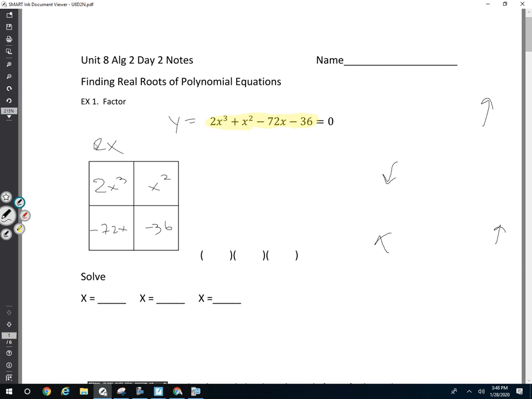It could just be 1. Very good. 2x cubed and x squared. Negative 72x and negative 36.